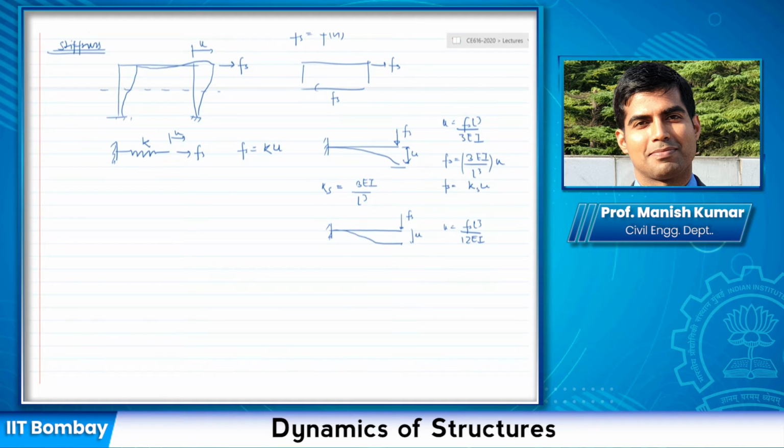So again, like what I did above, I can write it as Fs is equal to 12 EI by L cube times U. If I have to represent this second cantilever beam as a spring mass system, I would represent it like this with stiffness as 12 EI by L cube. So just keep these two examples in mind.